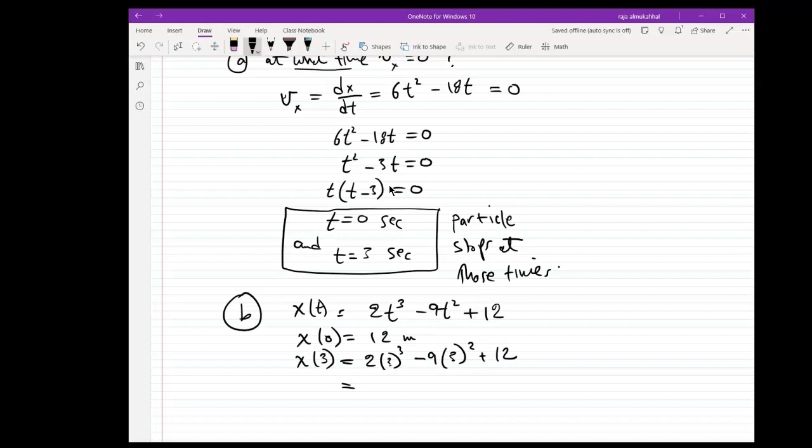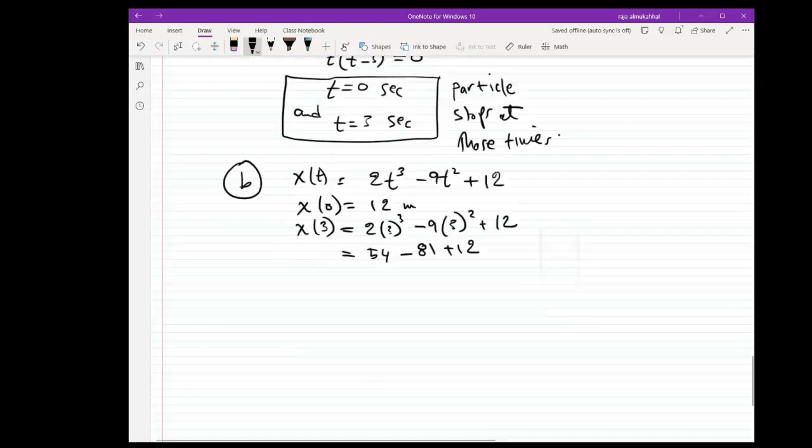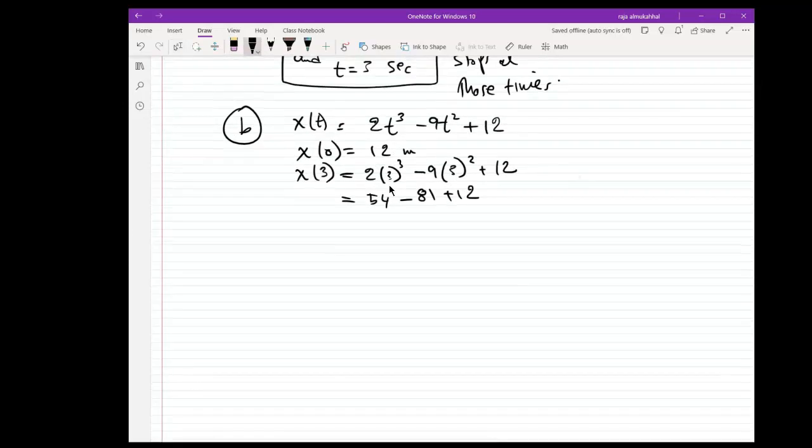So 3 cubed is 27, correct? So 3 cubed is 27 times 2 will give me 54, minus 81 plus 12. Is that right? And then we can calculate all of that. I'm using my calculator: 54 minus 81 plus 12. I hope I did it correctly.